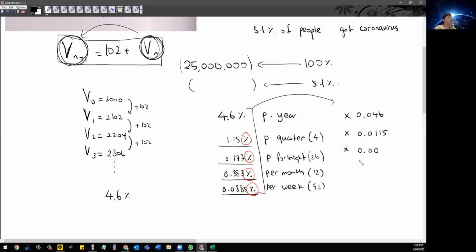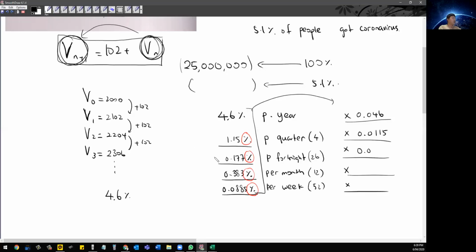So if 4.6 is 0.046, and 1.15 is 0.0115, what is 0.177% in decimals? I'll give you some time. You can just figure it out. Okay, so that's multiplication by that.